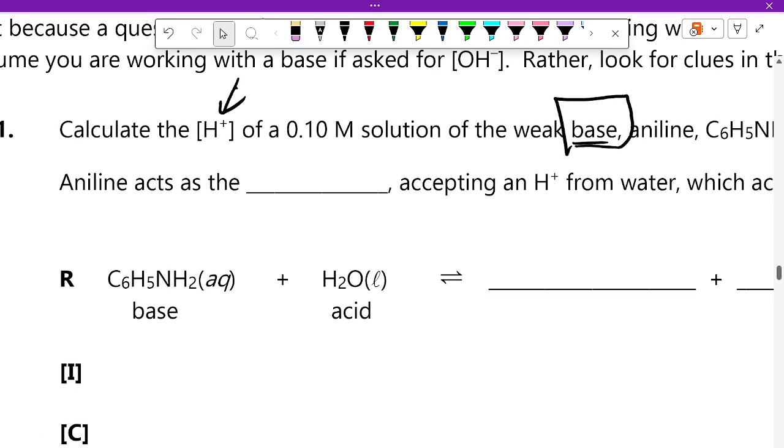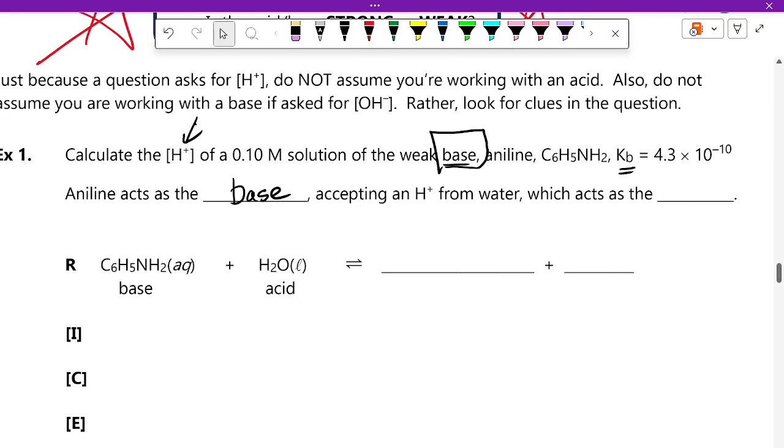It acts as a base, accepting hydrogen from water, and water acts as the acid. And I think with that in mind, you could probably do the rest of this question yourself. Why don't you give it a try?